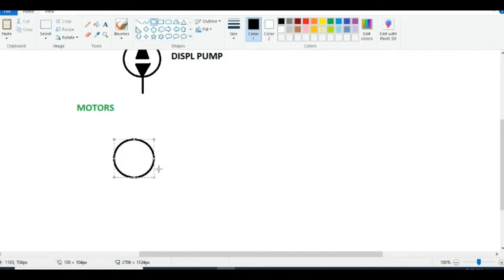The symbol is a little bit similar to the hydraulic pump, only the direction is different. Instead of showing the arrow in the outside direction, you show the arrow in the inside direction like this.